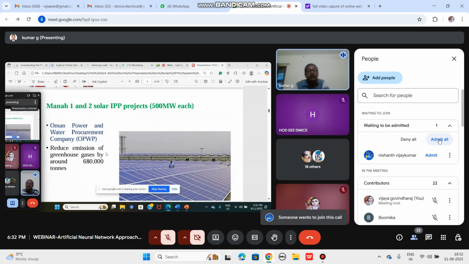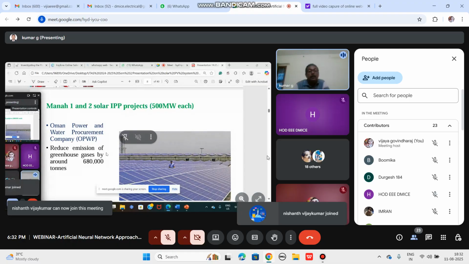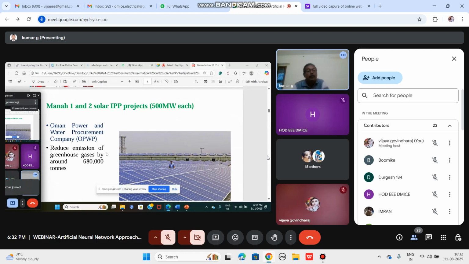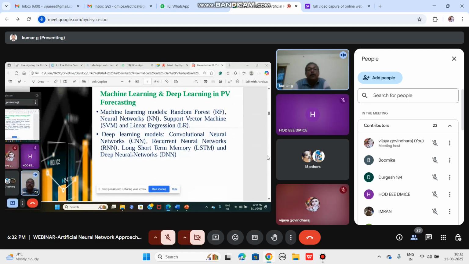The greenhouse gas emission increases, which means it increases the carbon footprint. But globally, there is a limit for every country for the carbon footprint. So they want to reduce the carbon footprint, and this is one of the efforts. So the government is stating in terms of tons of CO2 reduced in the particular power plant.